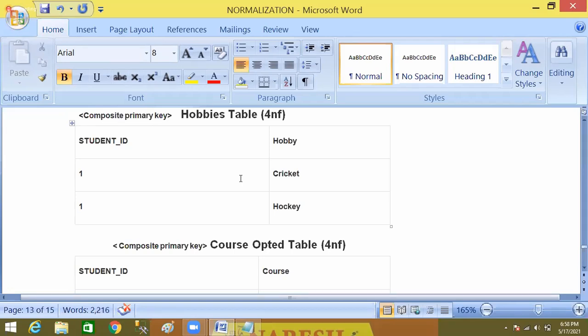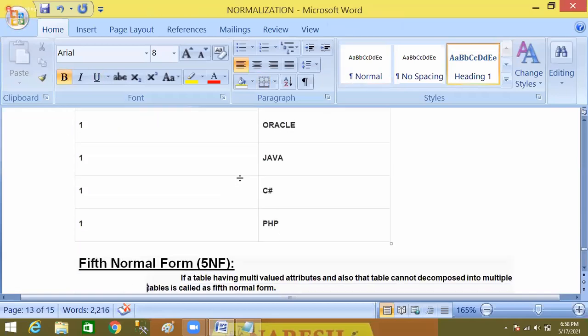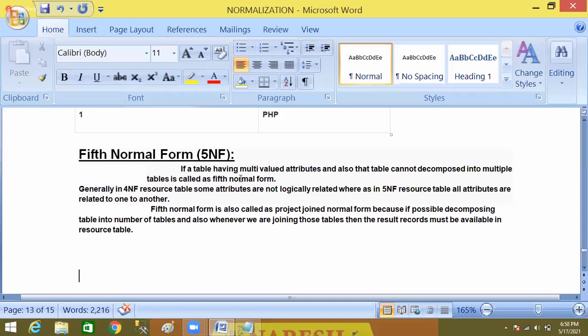So what is 5NF? Now we can say what 5NF means. The fifth normal form is quite the opposite here. What is the opposite?